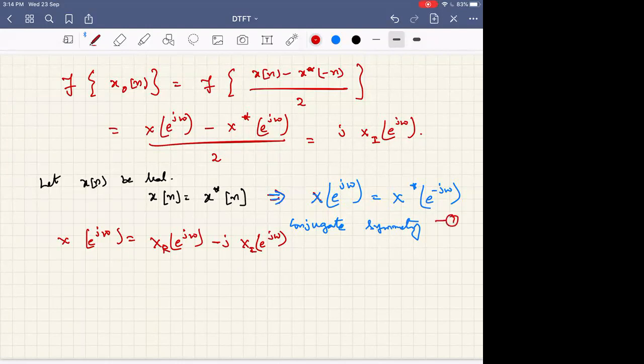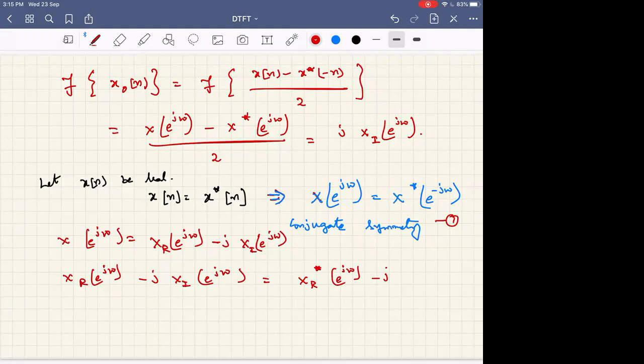What does 1 indicate? X real of e power j omega minus j times X imaginary of e power j omega is equal to X star. So X real star of e power j omega minus j times X imaginary star.